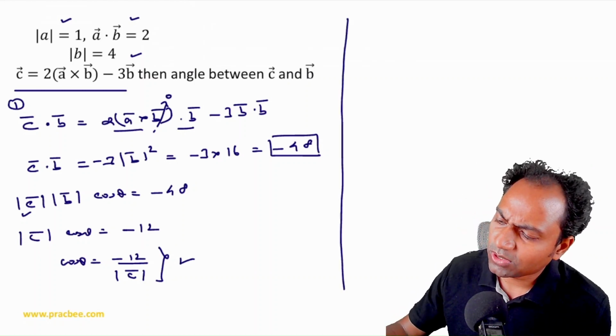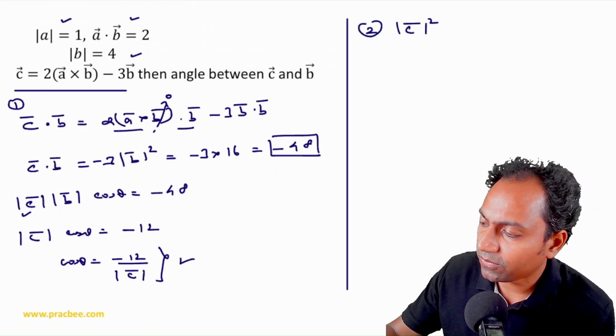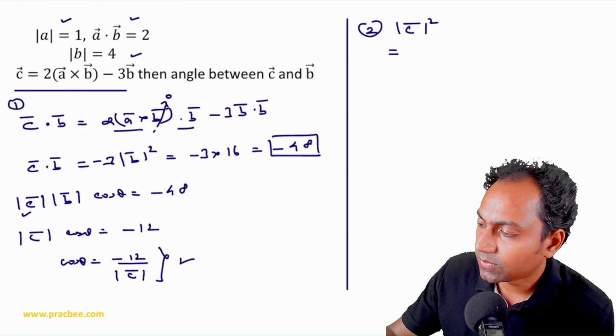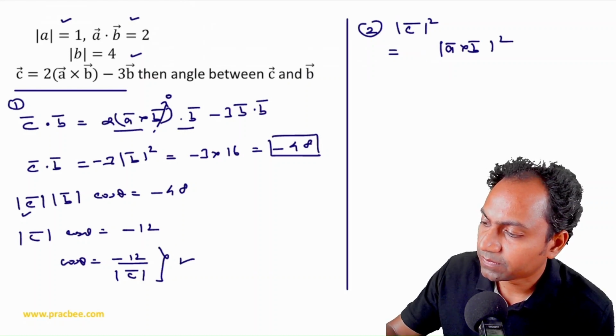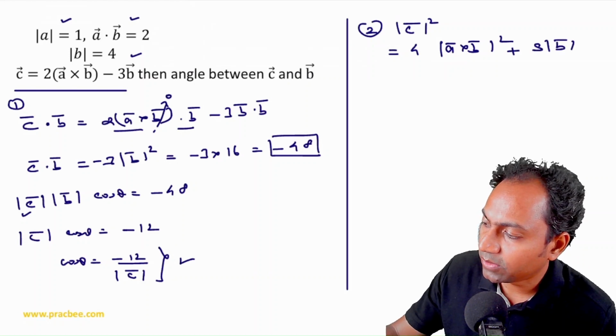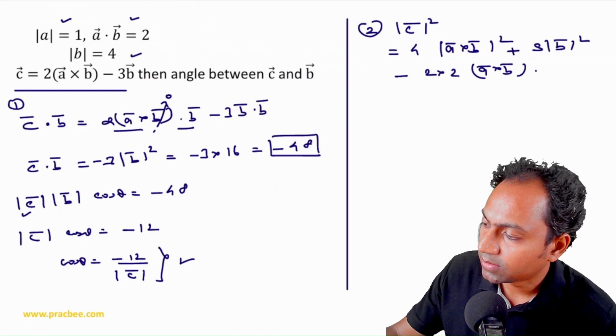And that is also not a very challenging task, because what you can do is take mod of C whole square. So what we are going to do is get a vector cross b vector modulus whole square. Now this will also become 4 plus 9 mod of b whole square, and then minus 2 into 2 a vector cross b vector dot 3 times b vector.